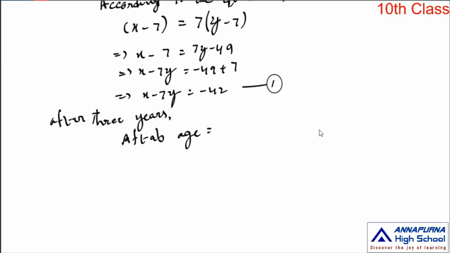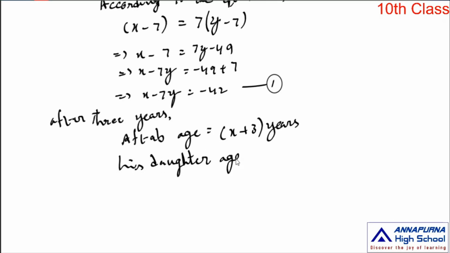So after 3 years his age is x plus 3 years, and his daughter's present age is y years, so after 3 years her age is y plus 3 years.